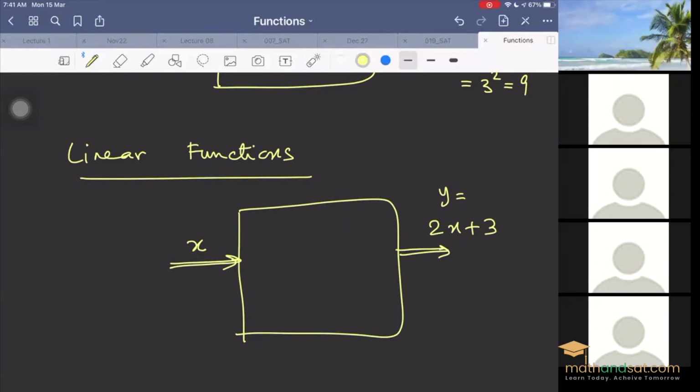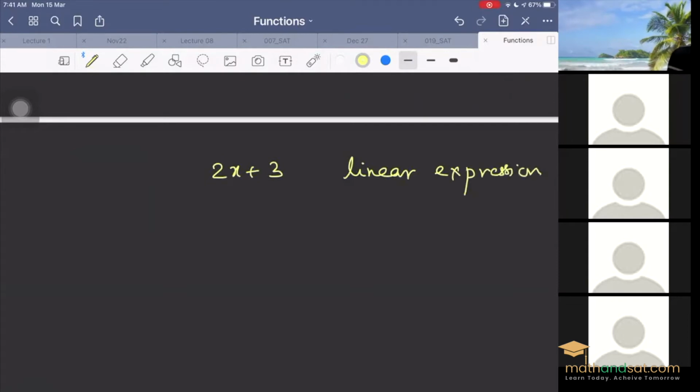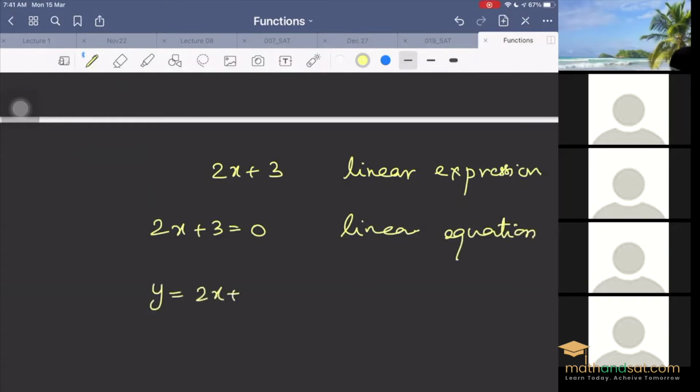You have to understand the difference between an expression, a function, and an equation. 2x plus 3, if you simply take it, is what we call a linear expression. If we have 2x plus 3 is equal to 0, this is what we call a linear equation. Now, if somebody tells you y is equal to 2x plus 3, this is what we call a linear function.